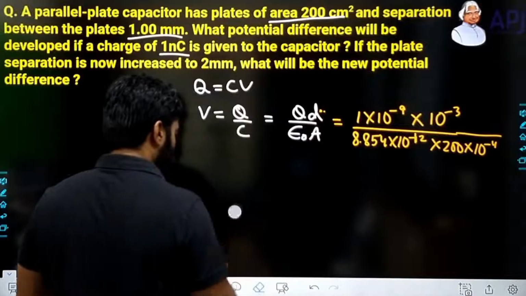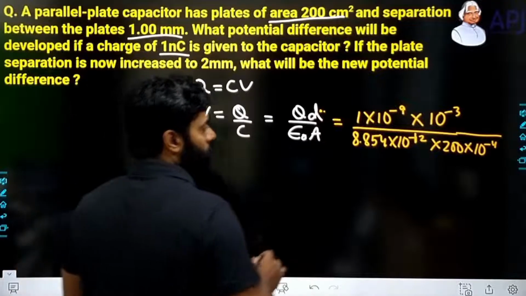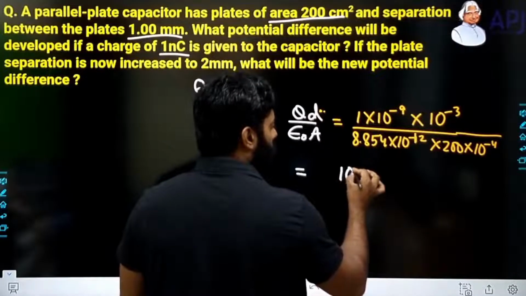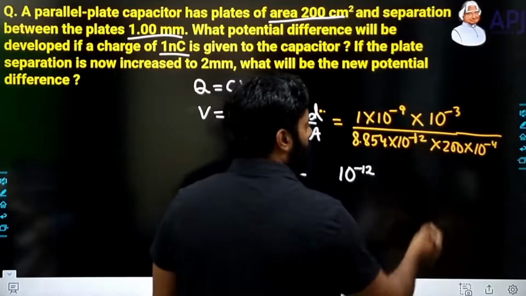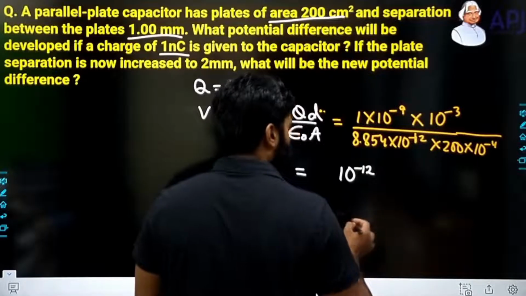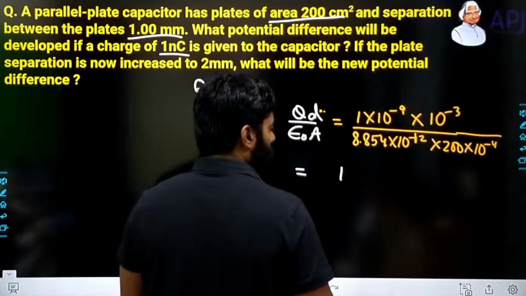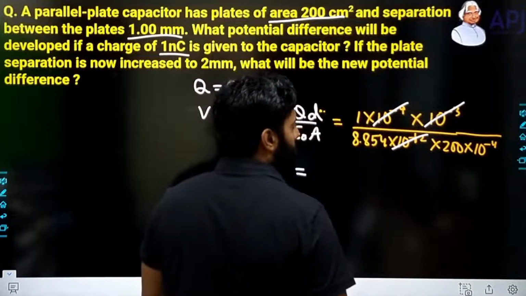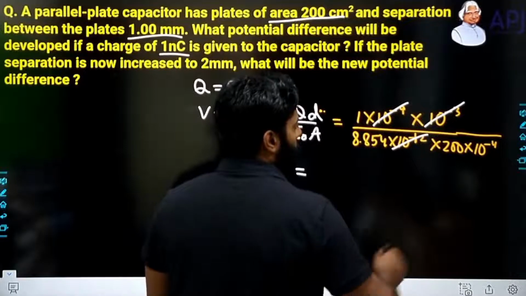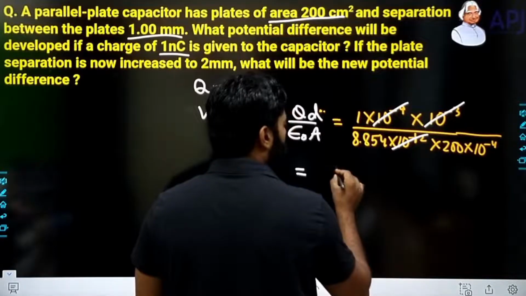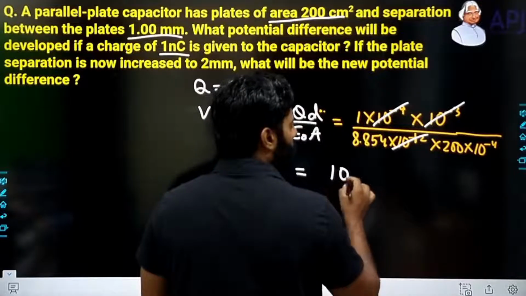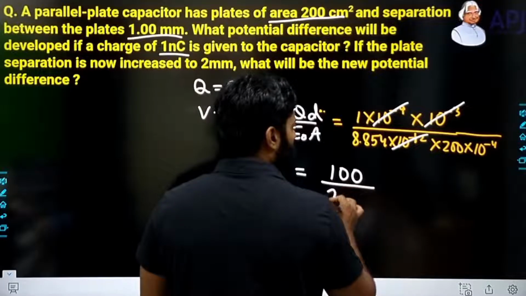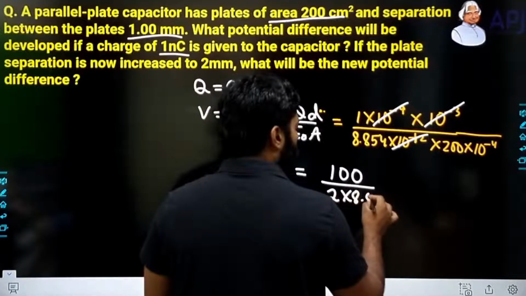So we can solve this question. You can say that 10 to the power minus 12, and I can cut this. This will be 10 to the power of 2, 2 into 8.854.